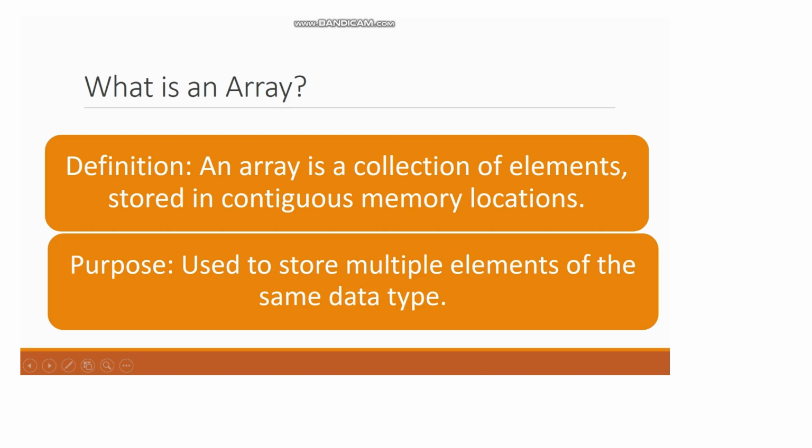Here you can add, an array is a collection of same data elements or similar data elements stored in continuous memory locations. As I have told you, what is its purpose? Why go for array? It is used to store multiple elements of the same data type.